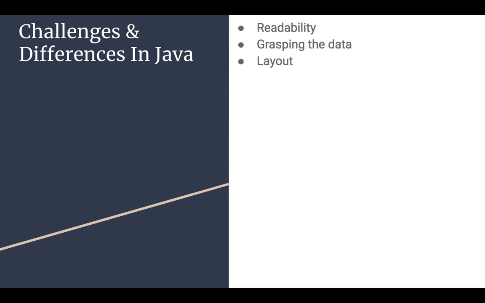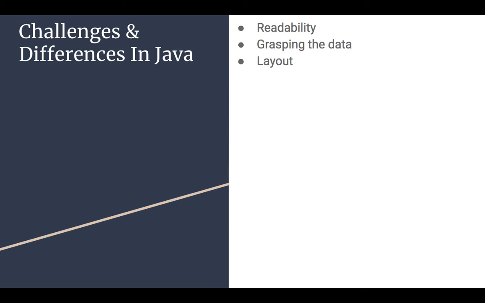As for the challenges and differences in Java, readability was actually a challenge for me because it was kind of difficult to understand what the binary search tree is doing by just reading it.